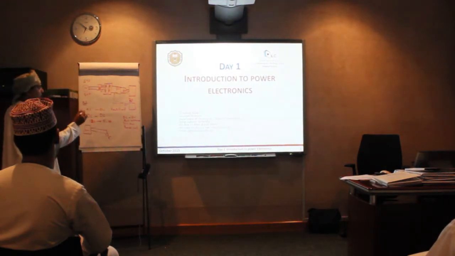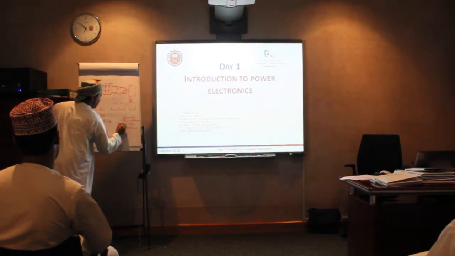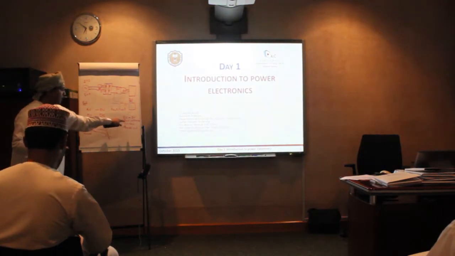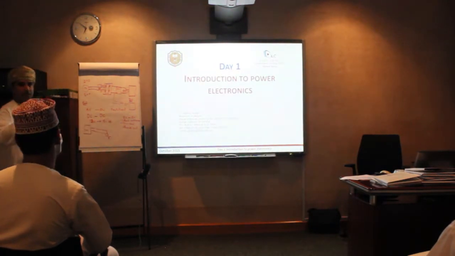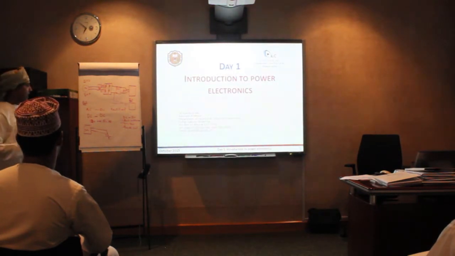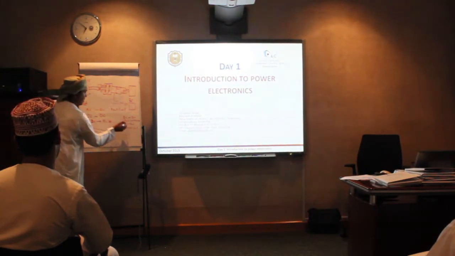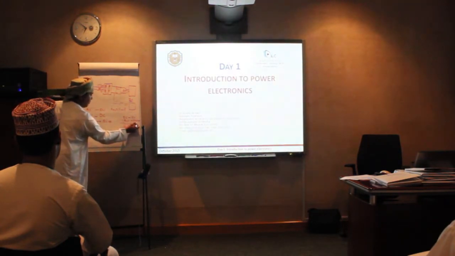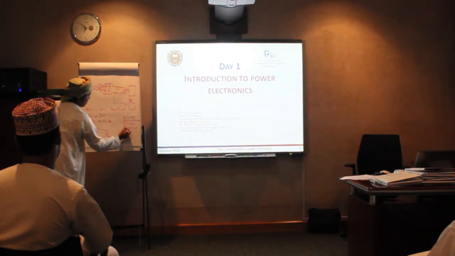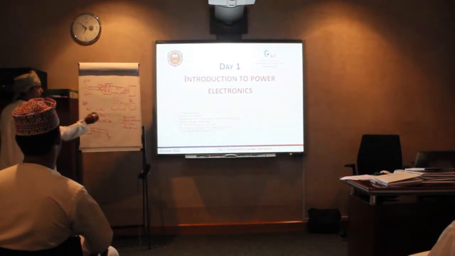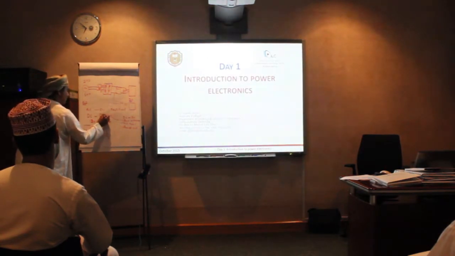So these are the three important types of circuit, and there are many different types inside that one. We will try to cover the basic ones in order to understand what those circuits are doing. This one means step down, this one step up, this one can step up and step down the voltage, and this one only steps up the voltage. We will tackle this part during the third day.